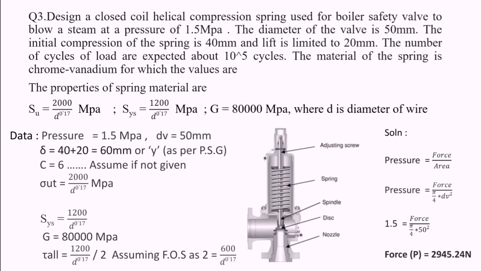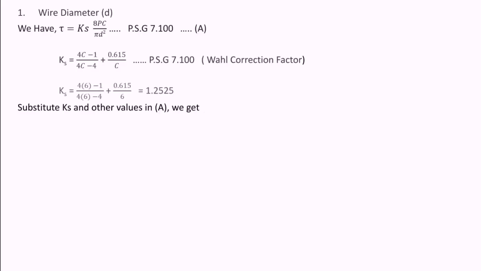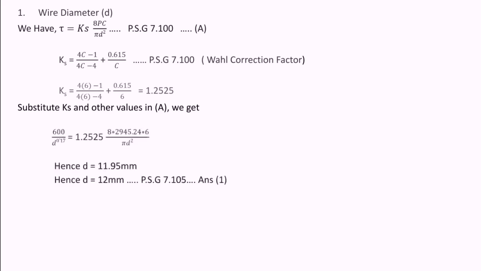As now we got the force that is acting on the spring, the next step is exactly the same as what we were doing in the previous few problems. Starting first with the wire diameter, on substituting the required values, I will get answer for d as 11.95, which I will approximate to 12 mm from standards available on PSG 7.105.